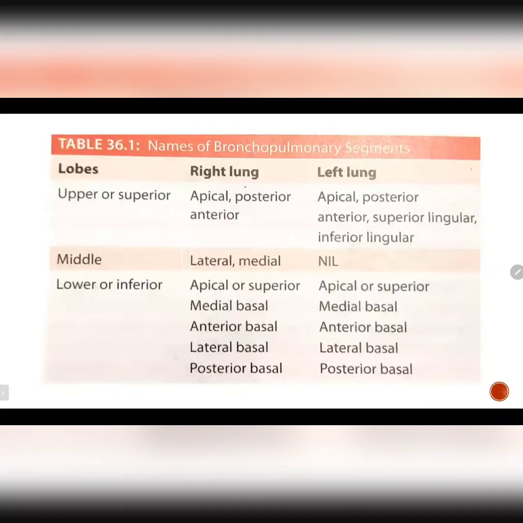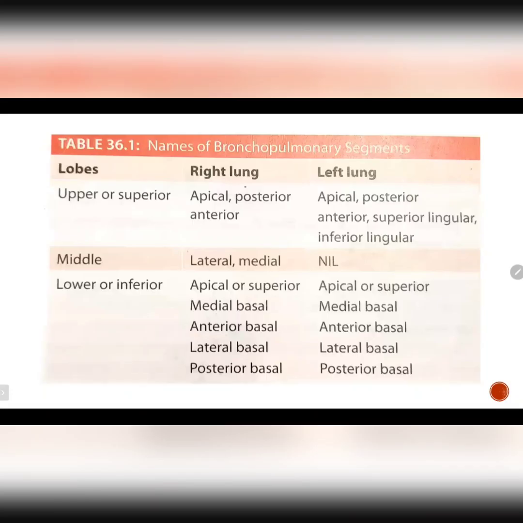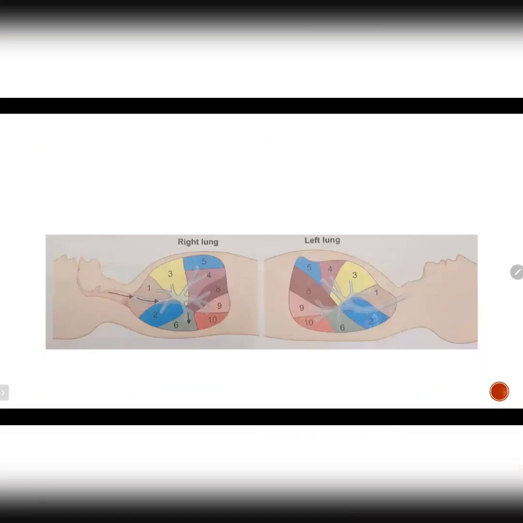You should learn the number of bronchopulmonary segments within each lobe, and name them in order with the diagram. When you're learning the diagram, at least learn bronchopulmonary segments in lateral view. If you're able to, you can learn medial view as well. But all of you should definitely know bronchopulmonary segments in lateral view. Almost a sure question in your exam.